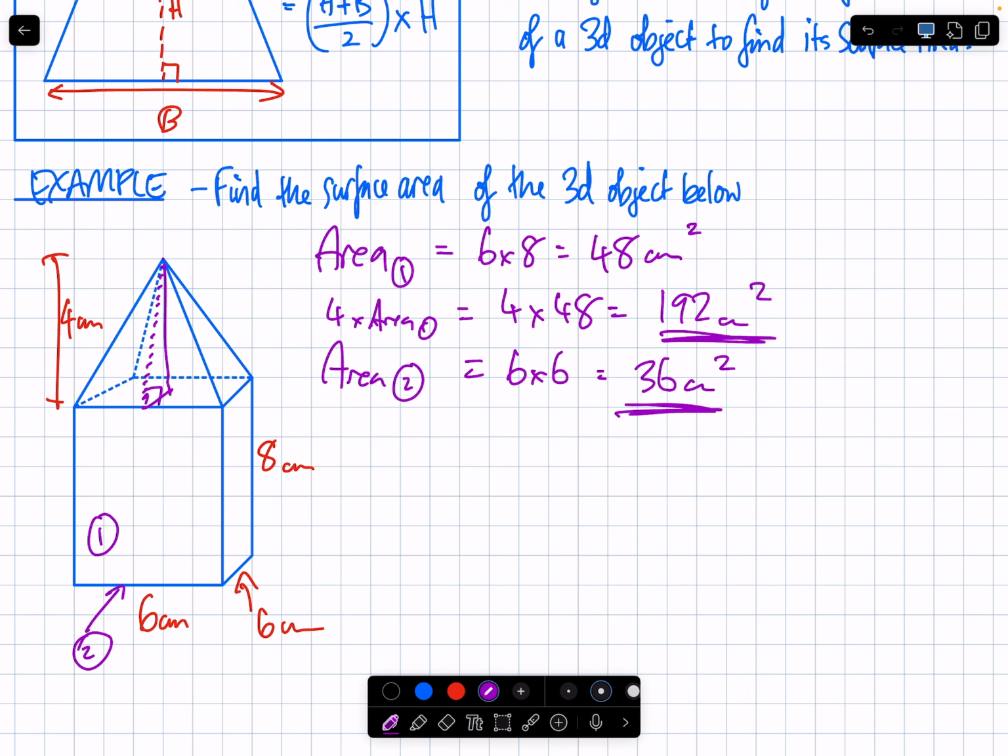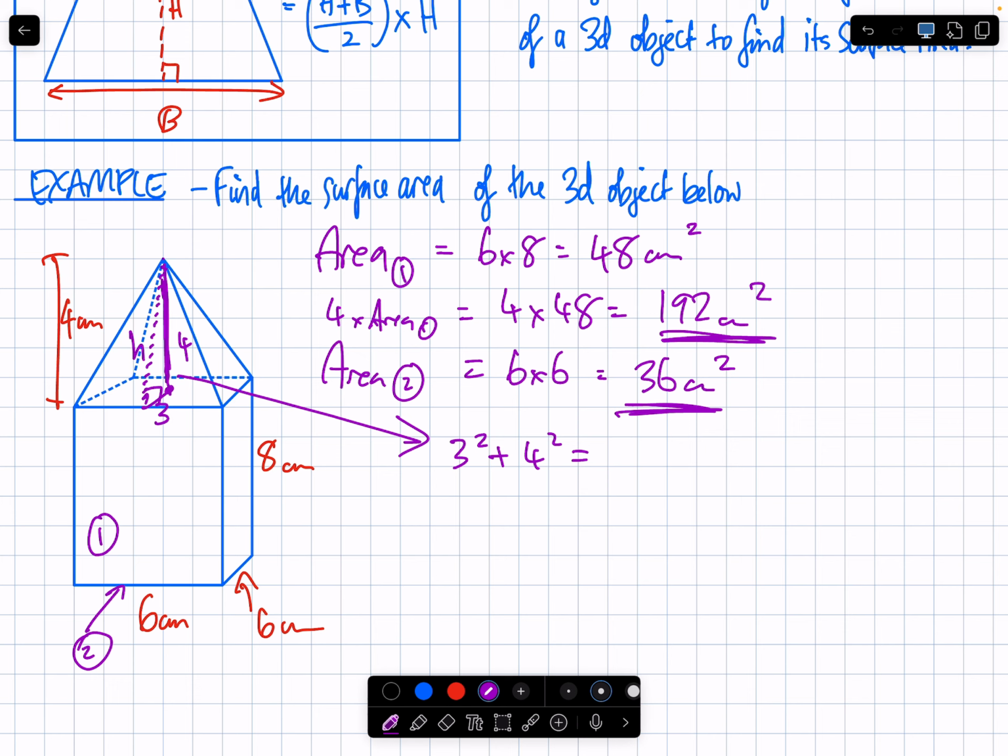Don't rush. How tall is this vertical line in the middle of the pyramid? That's 4. And how far would it be from the center of the pyramid to the edge? 3. So use Pythagoras.